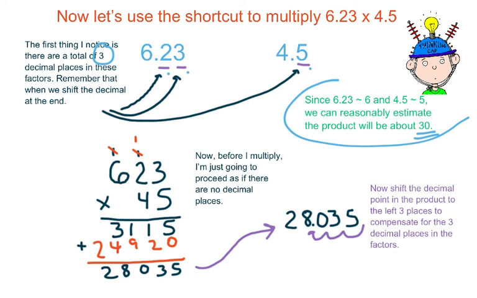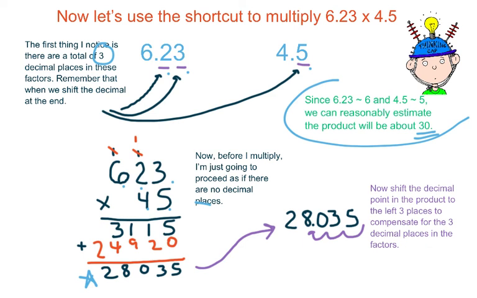So I've shifted my decimal to get the factors 623 and 45. You'll notice that I've applied the decimal shift before I multiplied. I'm just going to proceed as if there are no decimal places. So 623 times 45 gives us a product of 28,035.